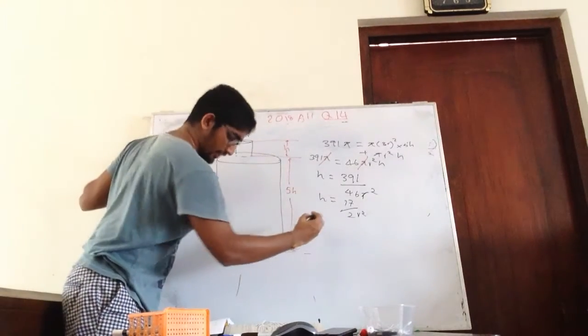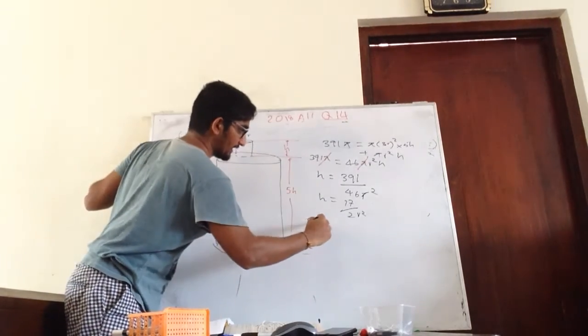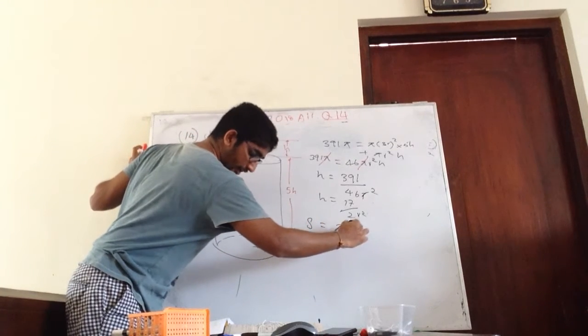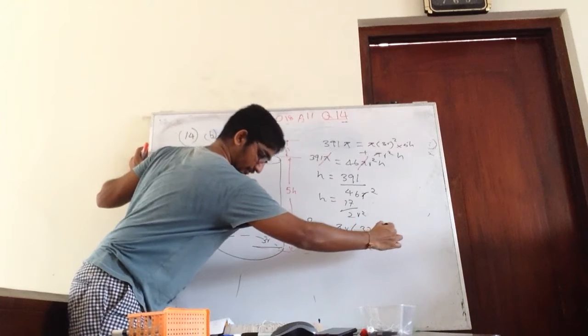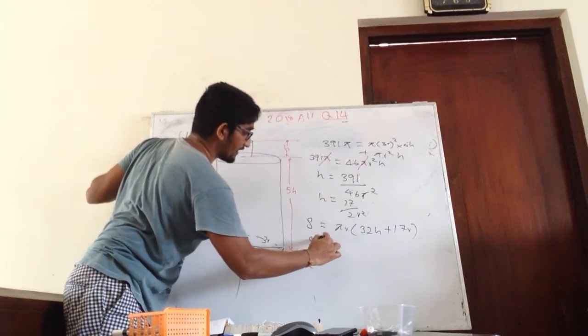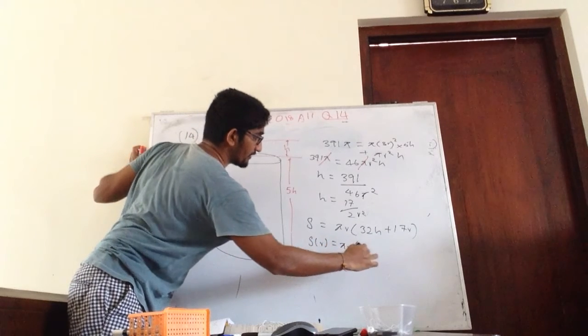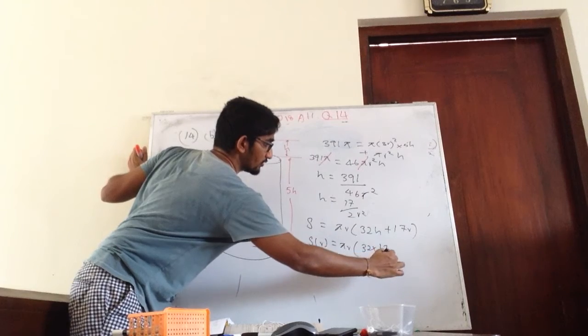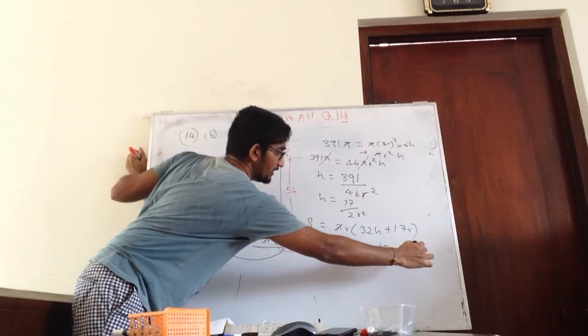So here then you can get S as pi r (32h plus 17r). So S(r) can be written as pi r (32h is 17 over 2r square plus 17r).